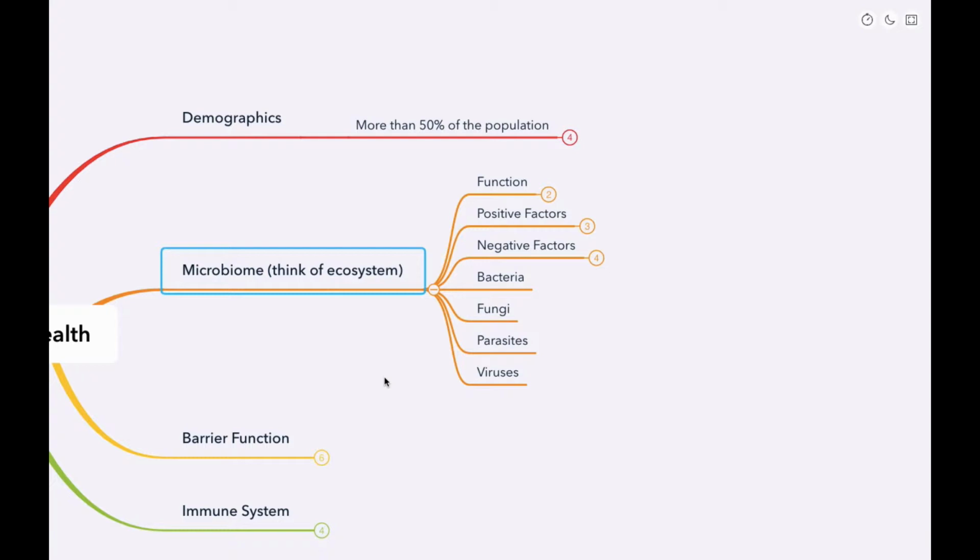Just like in the Everglades, there are snakes that are killing alligators that weren't naturally here. So we've introduced something that is upsetting the delicate balance of different animals. The same thing happens in your gut.